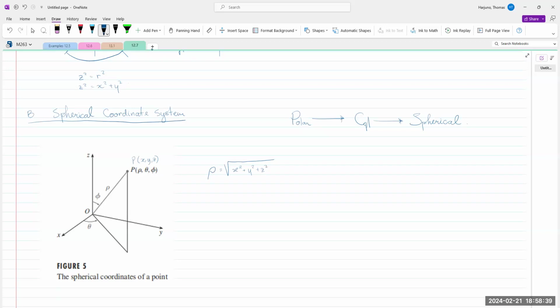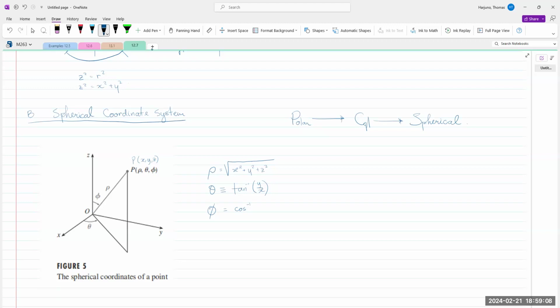Okay. Your theta, just like in polar, is equivalent to tangent inverse of y over x. Your phi, however, is cosine inverse. You will see the reason why we use cosine inverse instead.